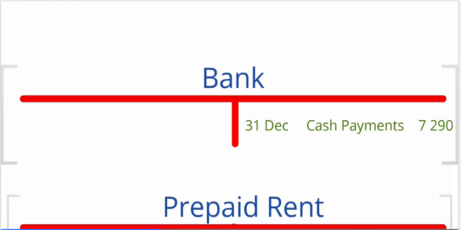So again, thinking back to the rules of double entry, we do a credit entry when an asset goes down. Our cross-reference is cash payments, because that actual $72.90 is made up of a number of separate payments. So for simplicity's sake, we just do one entry rather than the 6 or 7 different accounts affected. One entry will suffice.